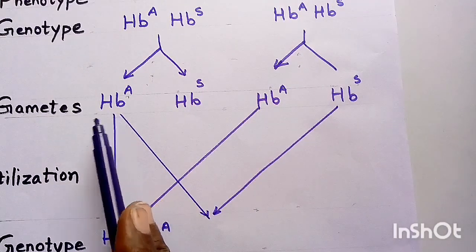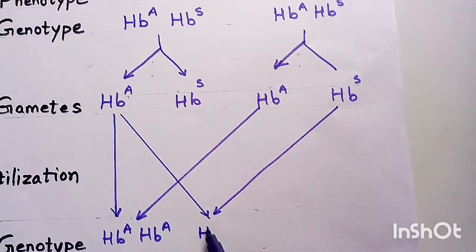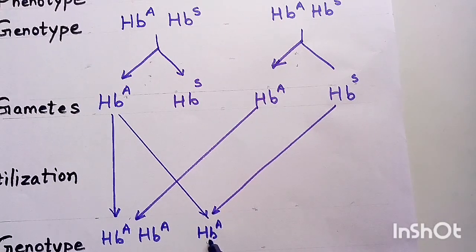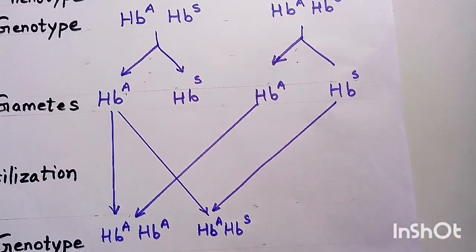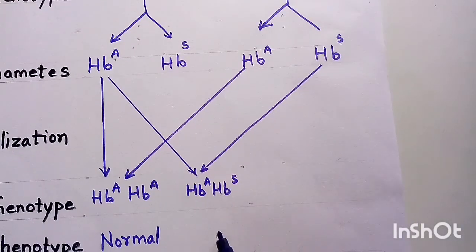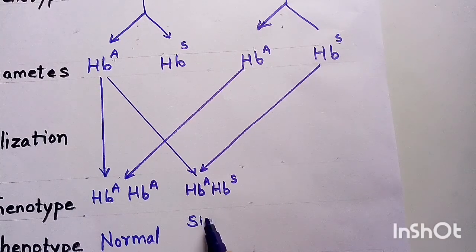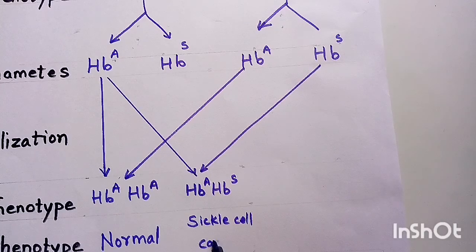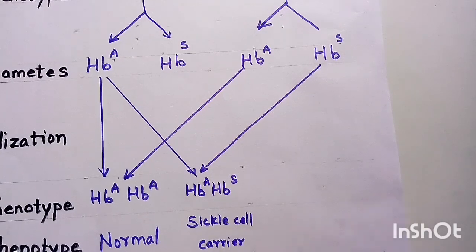One is HbA, so we'll write it here as HbA. What is the next one? HbS. So HbA and HbS, these are heterozygotes. So this offspring will be a sickle cell carrier.